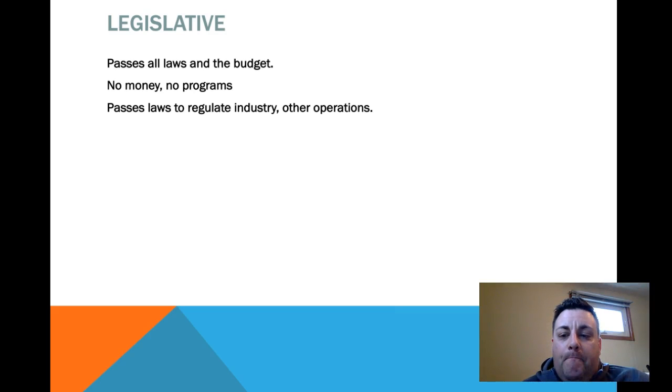Now, the legislative branch in the U.S. government is a bicameral legislature. That means there's two houses, bicameral, two houses. And legislation can start in either house. Funding bills start with the Speaker of the House, but other forms of legislation can be initiated by either house.